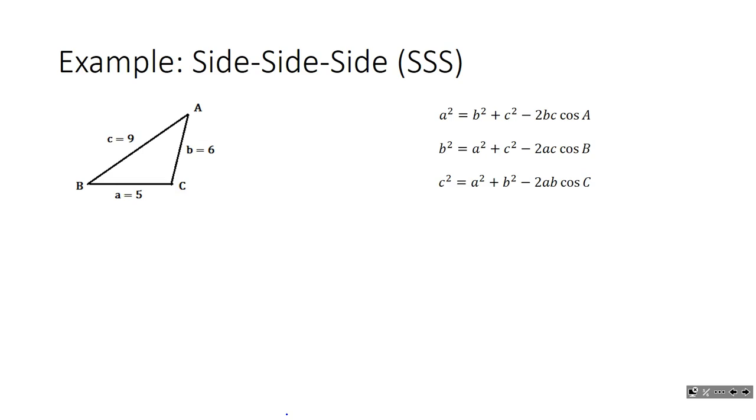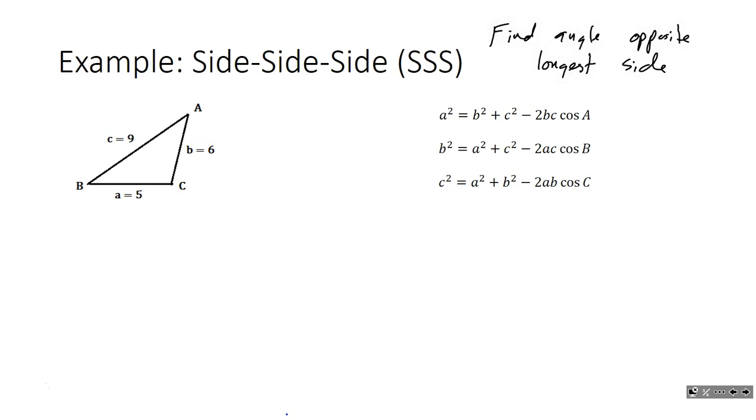Now we have to select one of these to use for the problem. Very important matter. When using the law of cosines, as you saw in the last problem also, sometimes it's critical the order you follow. Here's what you do with an SSS triangle. First, you find the angle opposite the longest side.